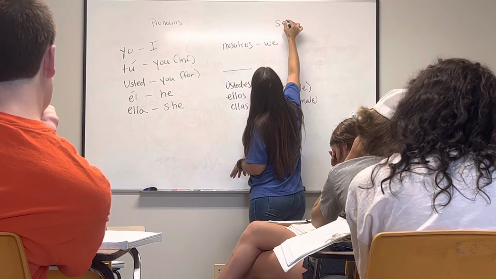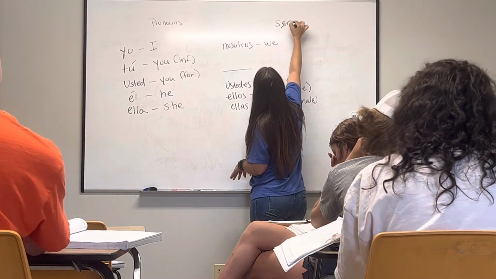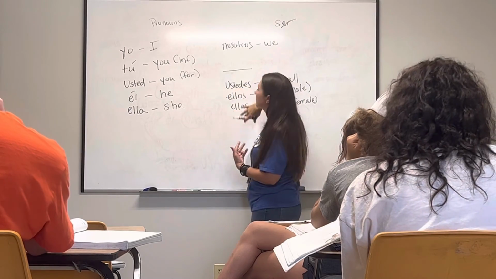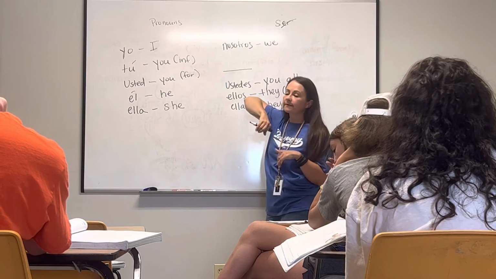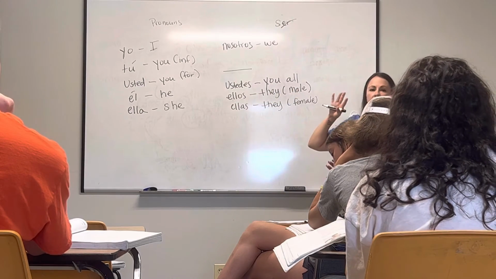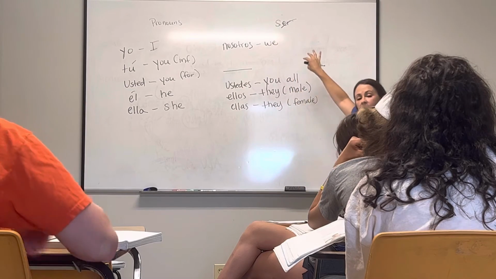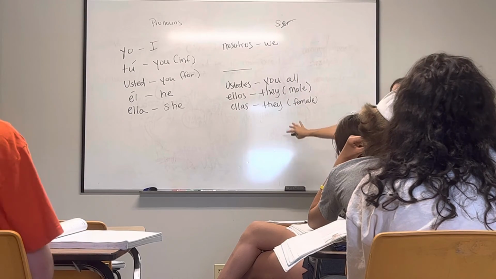Okay, they have a root and an ending. Ser is weird because the root is just one letter. Now, it's an irregular verb, so when we learn regular verbs, you're going to be like, well, that's so much easier compared to ser. Why they introduce you to ser in chapter 1, Spanish 1, I don't know, but that's what this book loves to do.